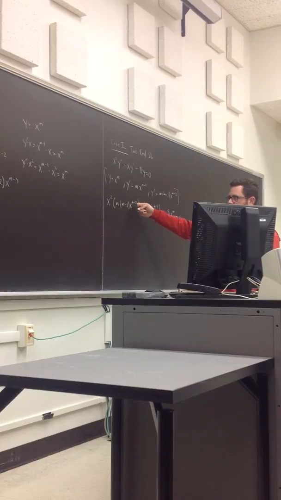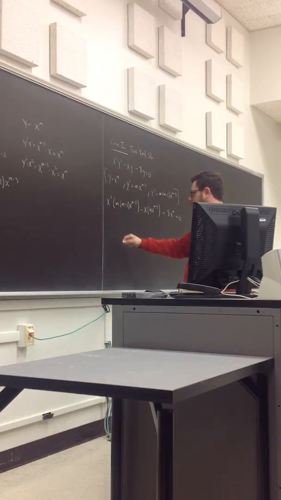Two derivatives reduce this by 2, but after multiplying by x squared, it's restored to x to the m. So m times x to the m minus 8 x to the m equals 0.